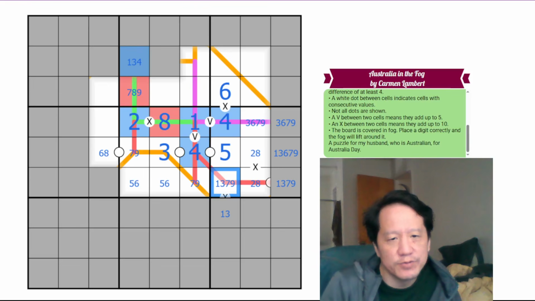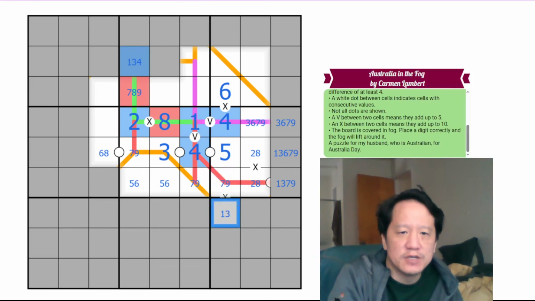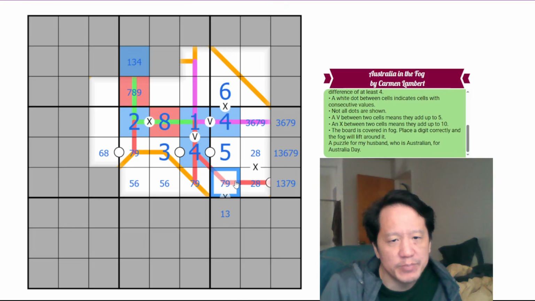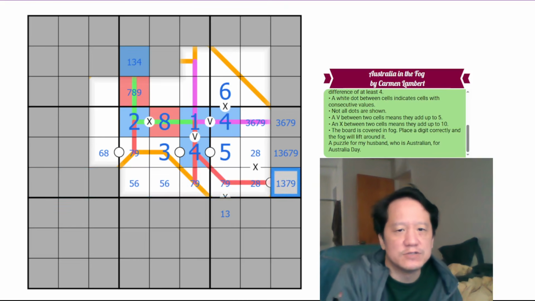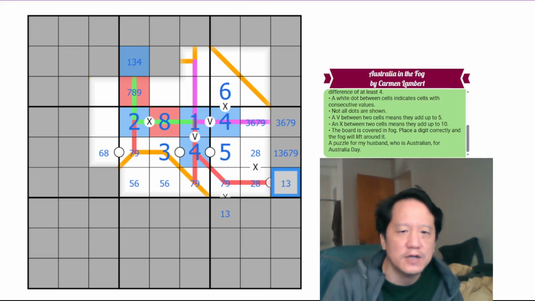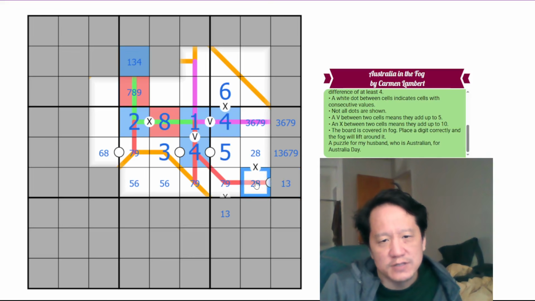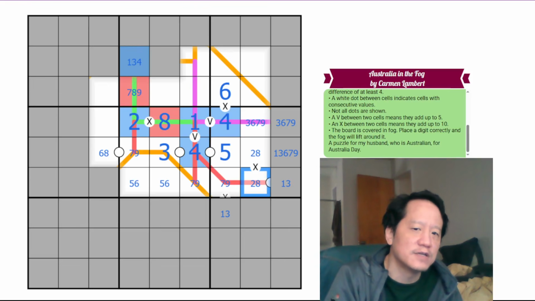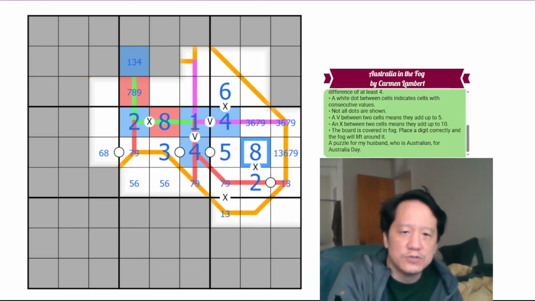This is 1 or 3, which must add up to 10 with 7 or 9. We have a 7-9 pair now in row 6, which eliminates 7 and 9 in the rest of the row, so this can't be 7 or 9. This is 1 or 3, which must be consecutive with this digit, which is even because of the parity line. So this has to be 2 then. 8 is not consecutive with 1 or 3. So that's 2. This is 8.